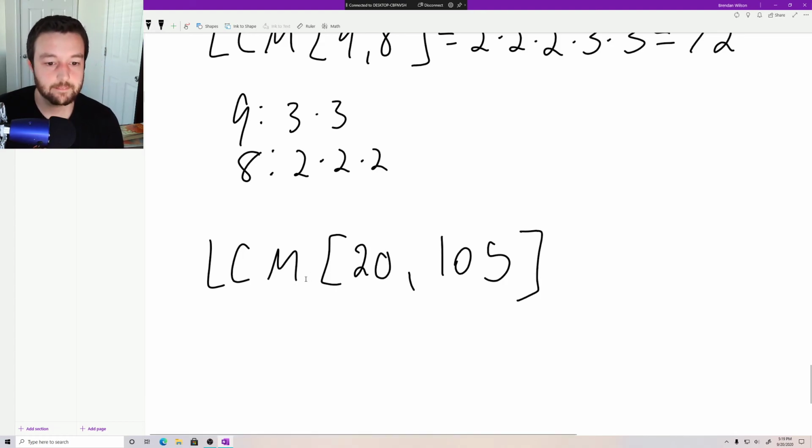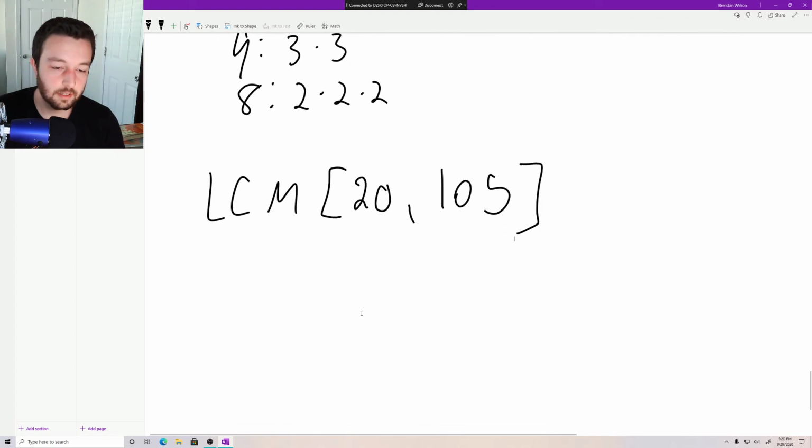Okay. So this is one that would be very hard to do in our head. It'd be very hard to do with the multiples method. Because 105 is a big number, right? And they're also very far apart, so you'd probably have to list a lot of multiples of 20 before you even get close to 105. So this is definitely one we'd want to try this method on.